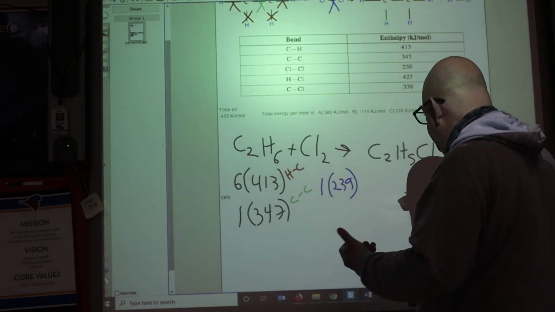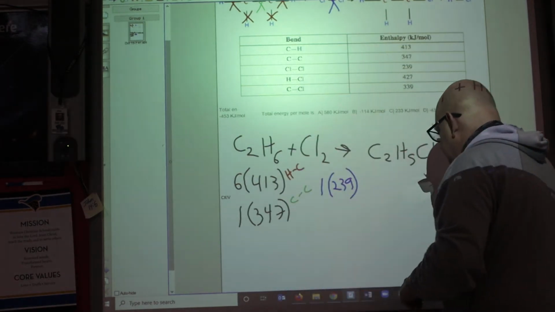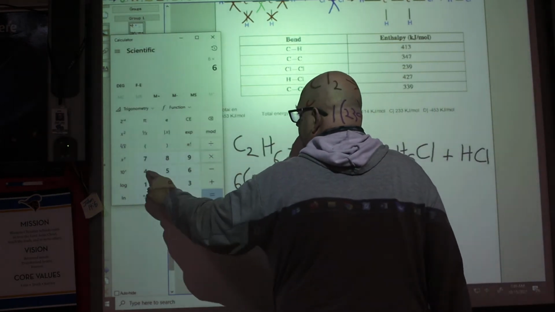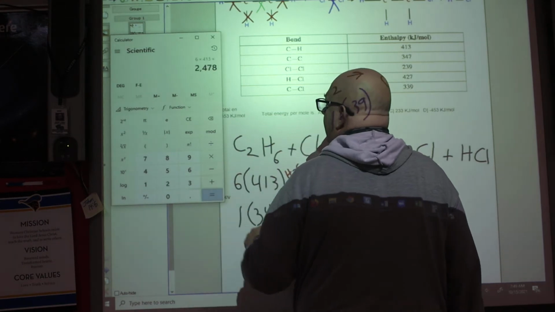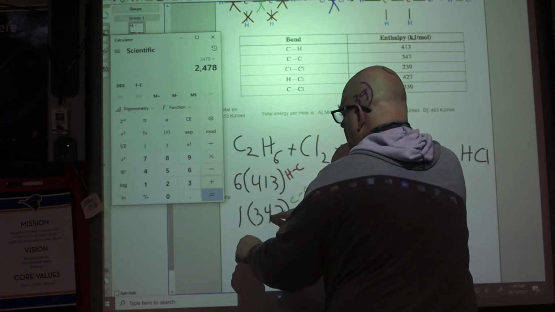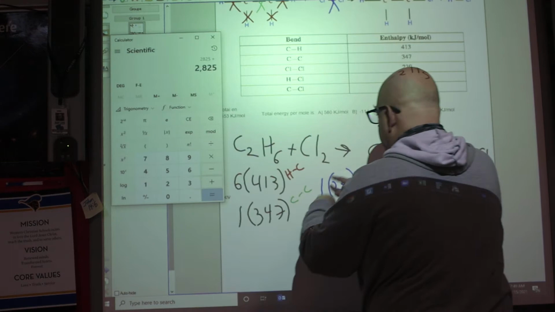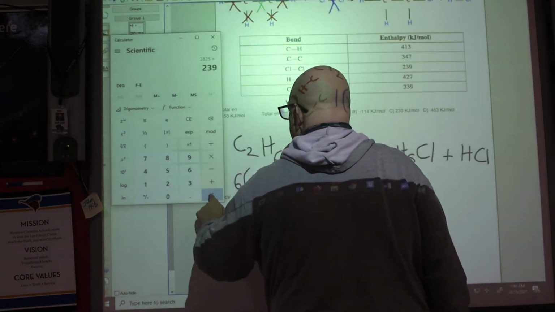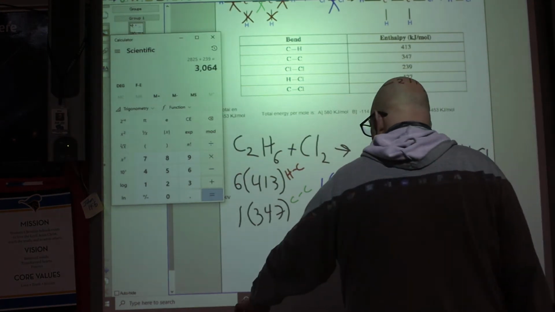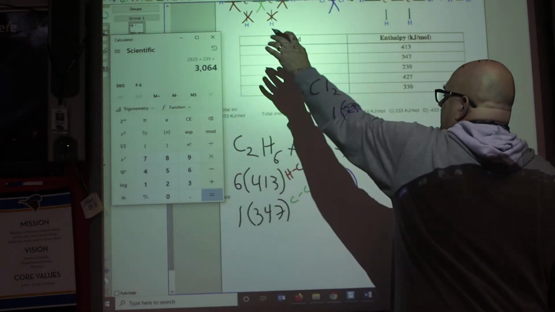So let's go ahead and add those together and get that out of the way. I've got 6 times 413 equals 2478, plus 347, plus 239, so I have 3,064 kilojoules of energy per mole of all these things broken up.